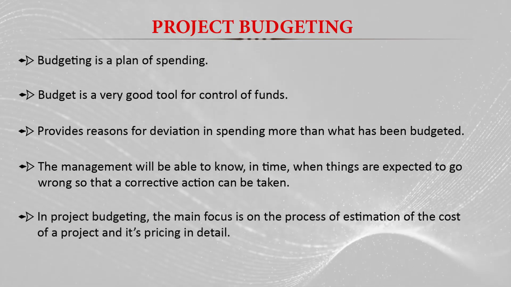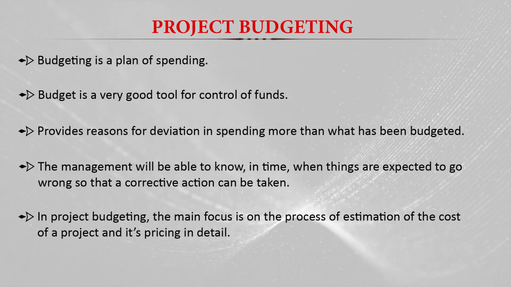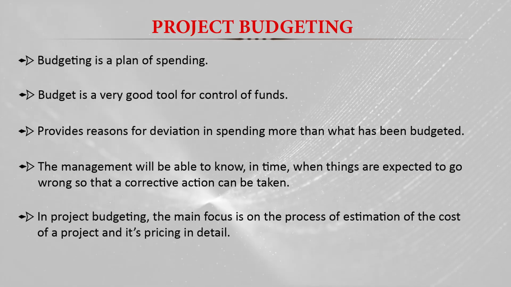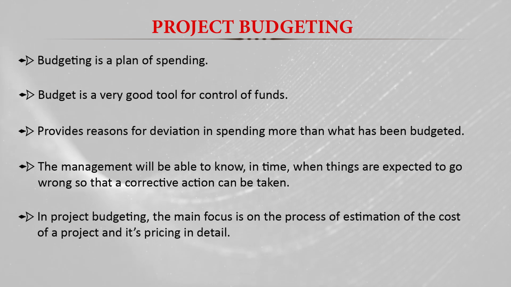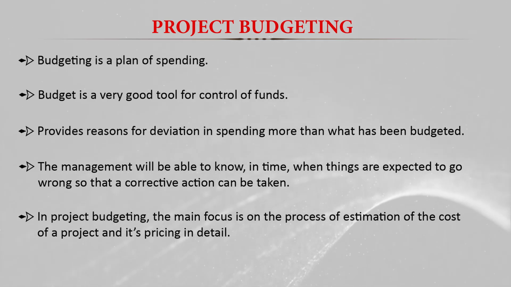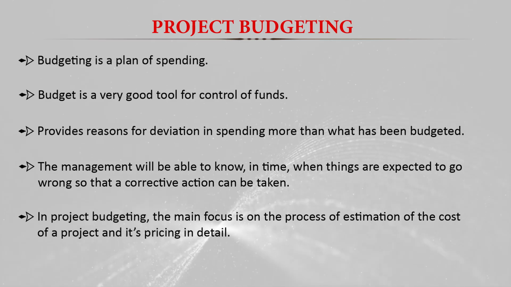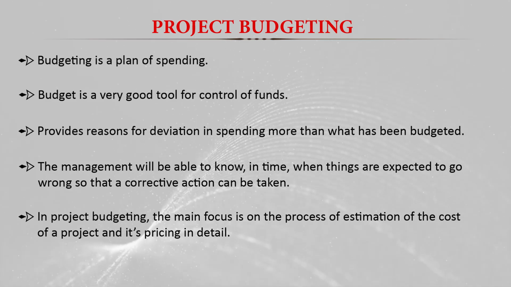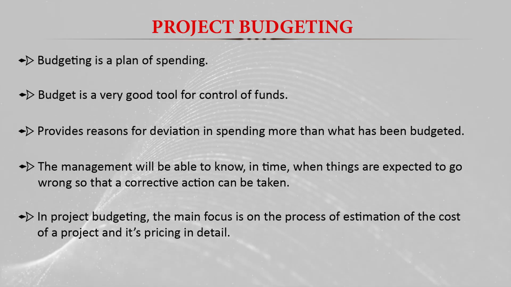And in project budgeting, the main focus is on the process of estimating the cost of a project and also its pricing in detail. So we estimate the cost of the different project activities, then in the end we aggregate the total cost of the different activities to reach the total project budget.